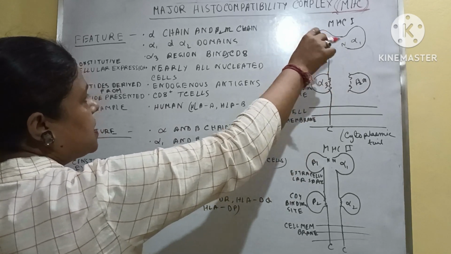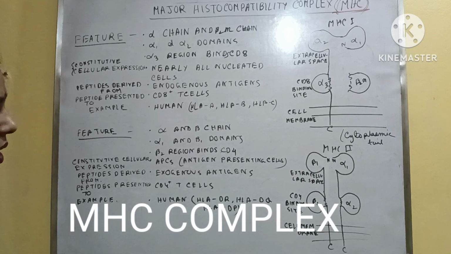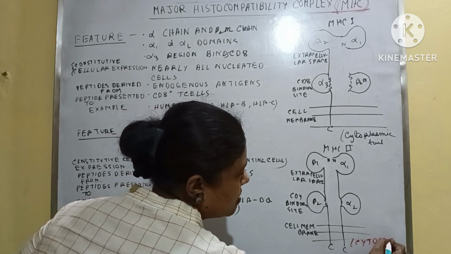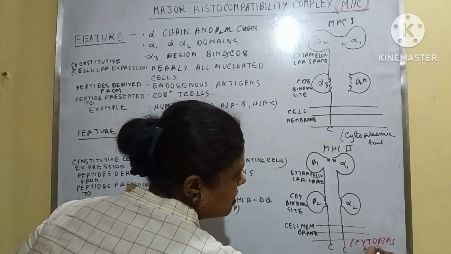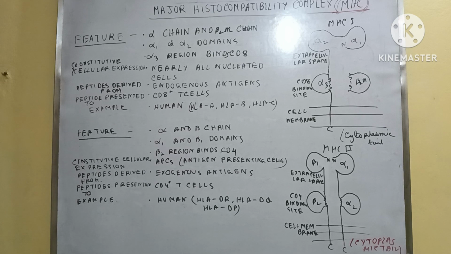This is the cytoplasmic tail. Now these are the differentiating features.